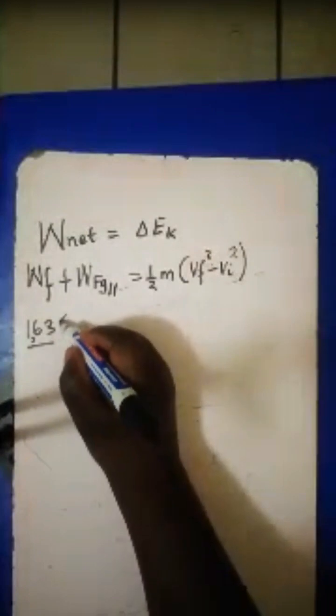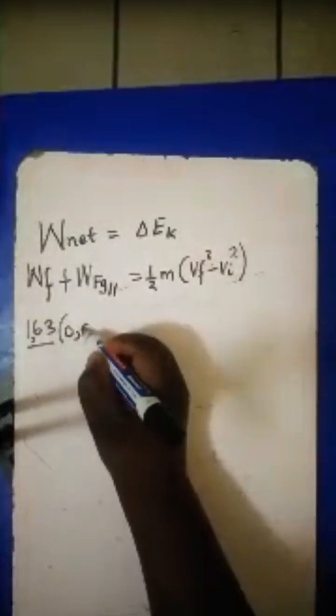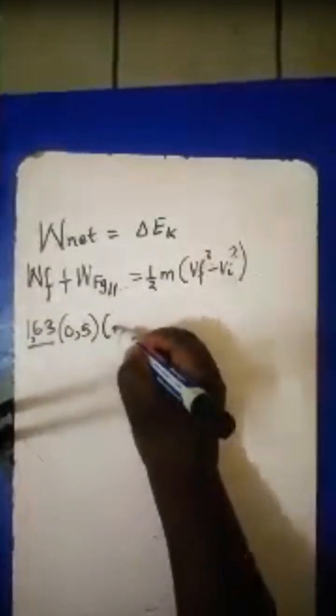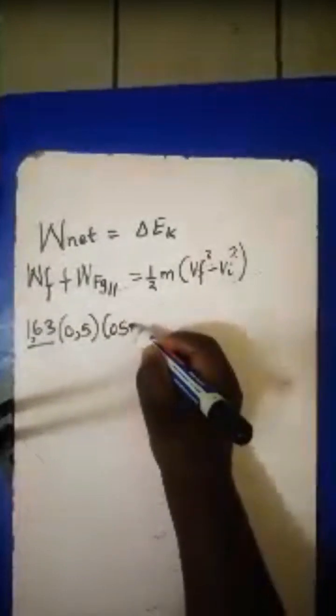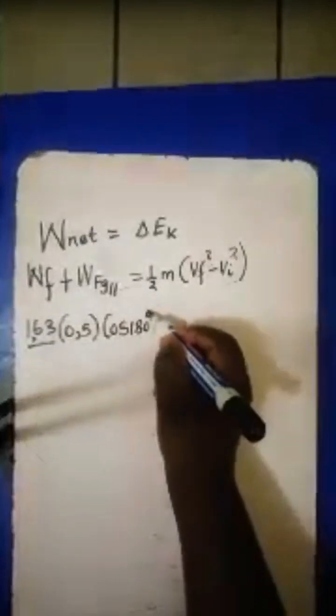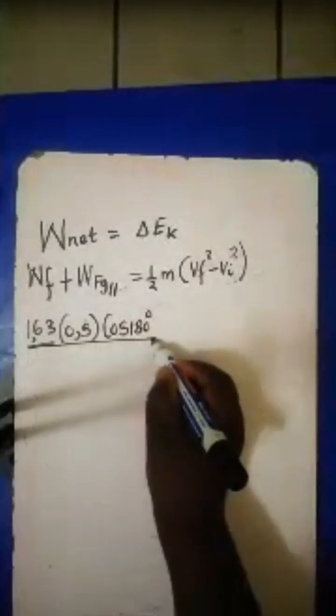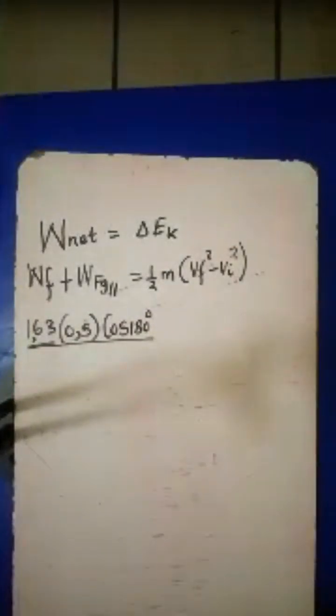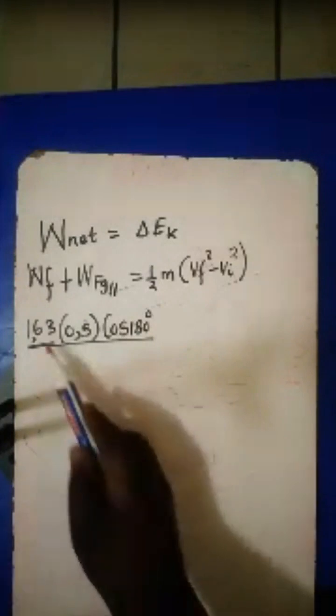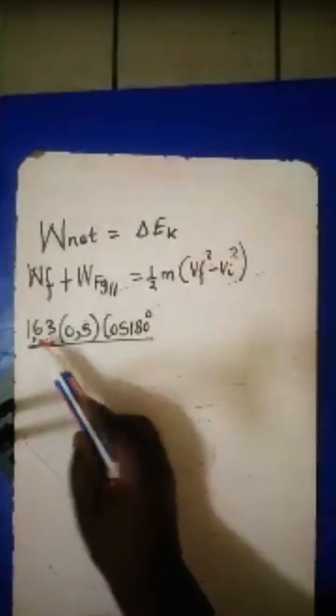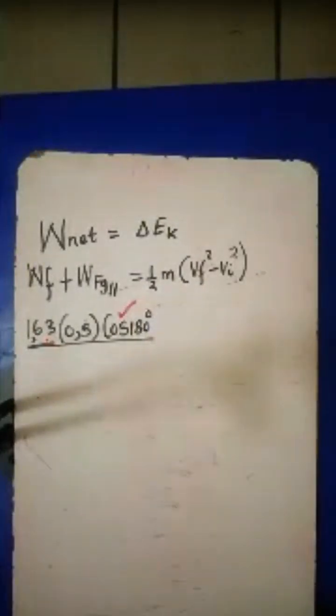Friction times distance 0.5 times cos 180 degrees for friction. So if everything which is underlined is there, you give yourself 1 mark. If you have got a wrong answer from the previous question, colleagues, you also deserve that 1 mark because we are doing positive marking. The formula carries 1 mark.